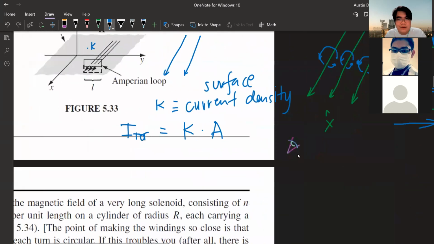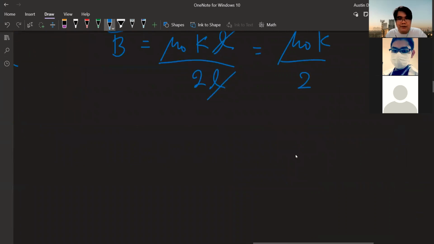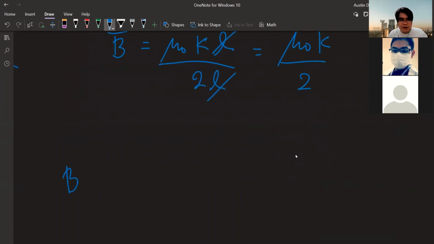So what is the boundary? Yung boundary mo would be, if it is above the xy plane, so for z greater than 0, then mu naught K over 2, the direction would be negative y hat.